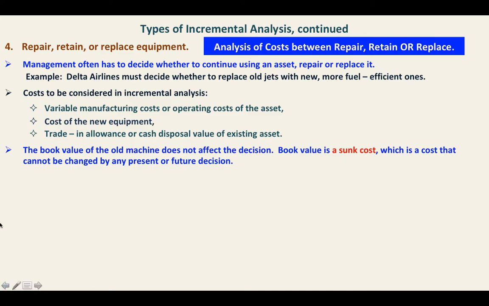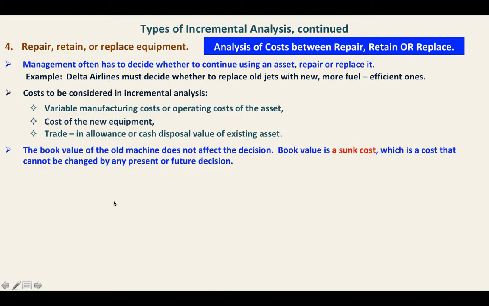I would like to emphasize that the fair market value is not necessarily the book value. If, for example, the book value of the machine is 80,000, but in the market there is a willing buyer for that old machine, and that particular buyer would like to purchase it at 50,000, then the fair market value can be placed at 50,000.